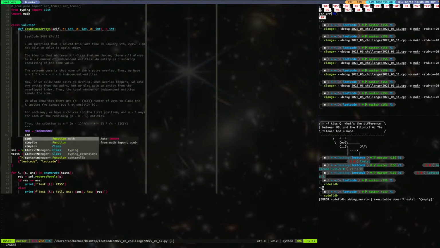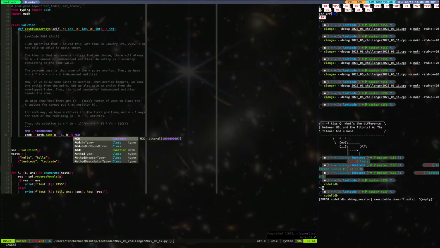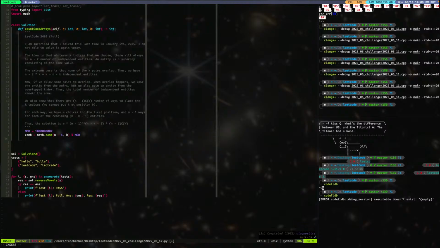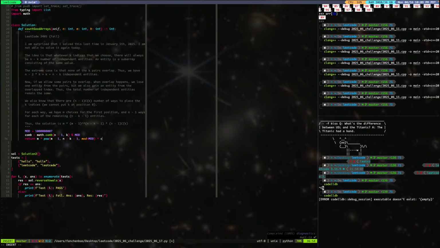So the combination is n minus 1 choose k mod, and we'll return m times power of m minus 1 to the power of this, mod, times combination, and the mod.